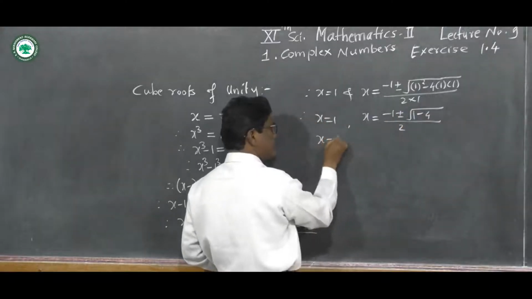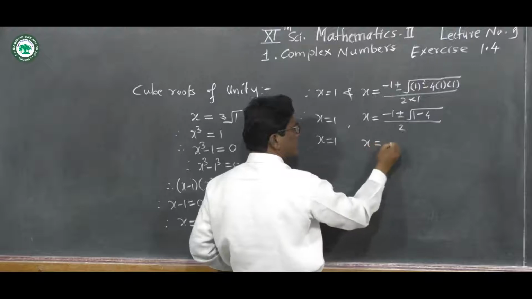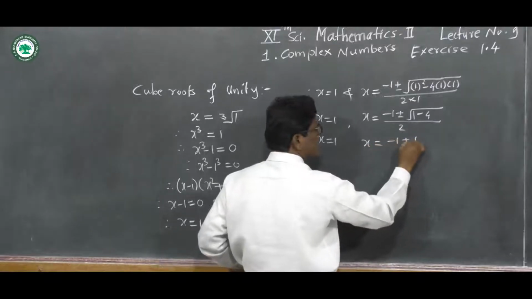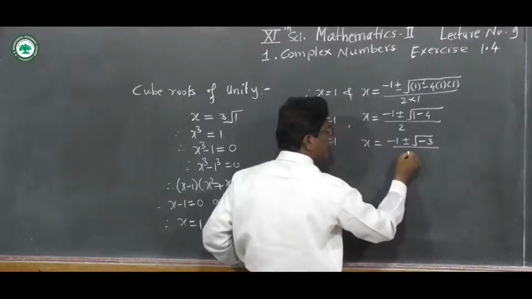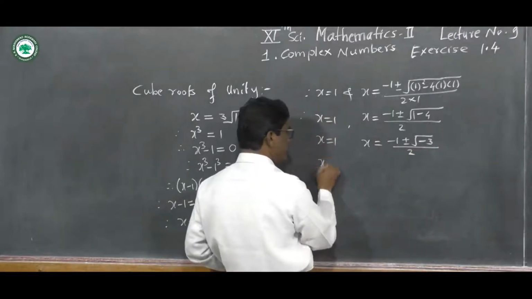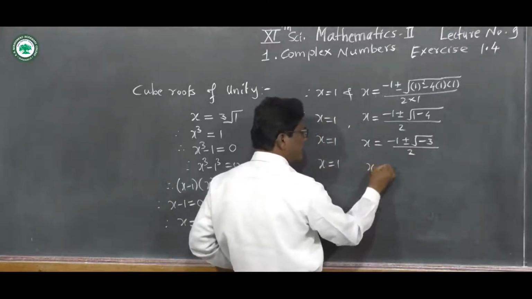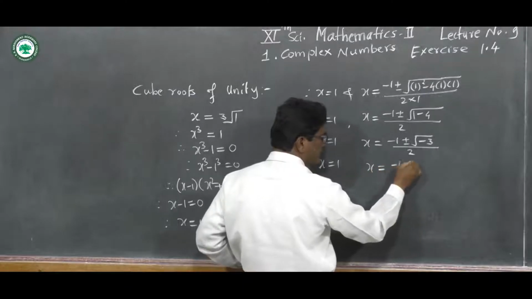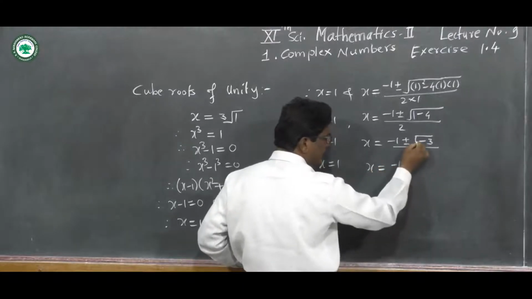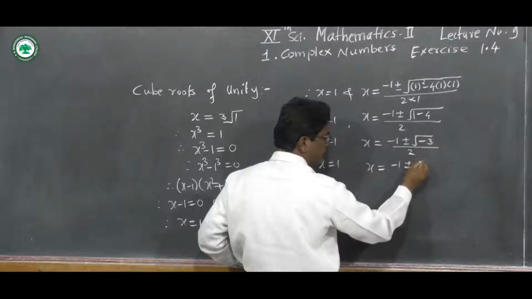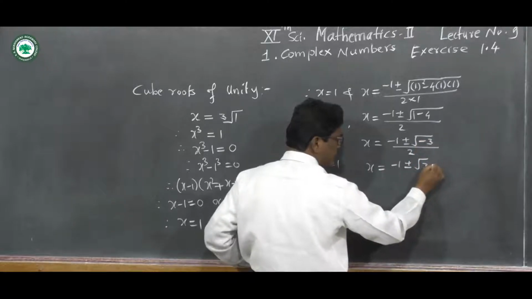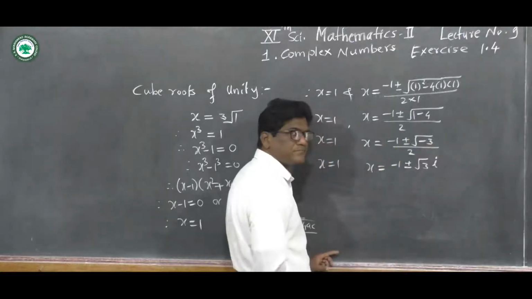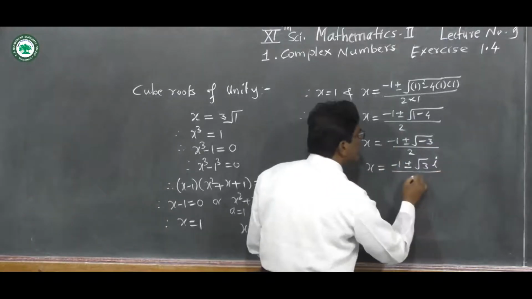So we get here x is equal to 1 or x is equal to minus 1 plus or minus under root of minus 3 divided by 2. So we write this root of minus 3 as root 3 into root minus 1. And that root minus 1 is nothing but i, imaginary unit, divided by 2.